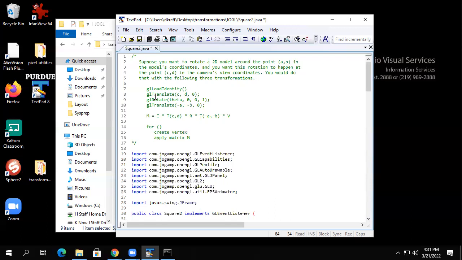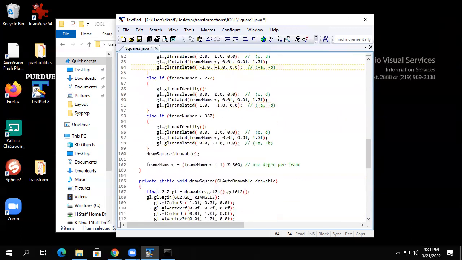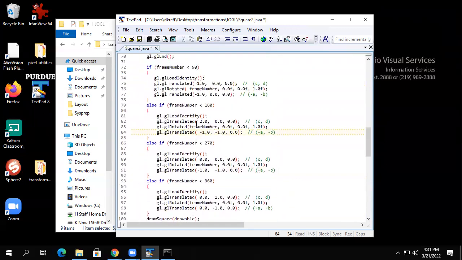Over here, this is moving to the origin, -1, -1. Then we need to rotate them. These frame numbers should be negative because we're now reversing the order of rotation. And then after we've rotated, the origin goes over to here, so we translate by 2 to the right.